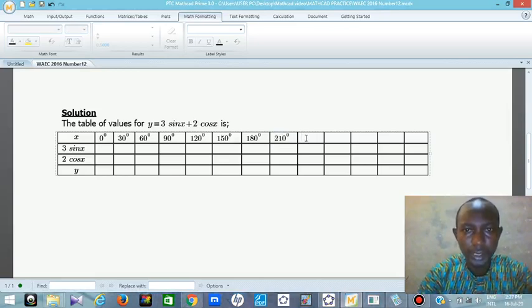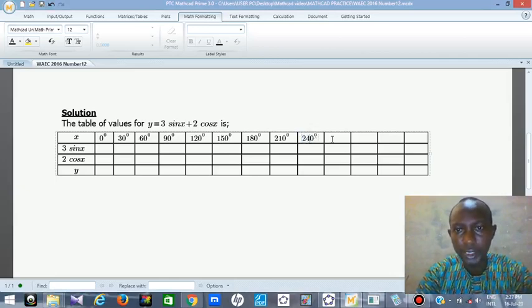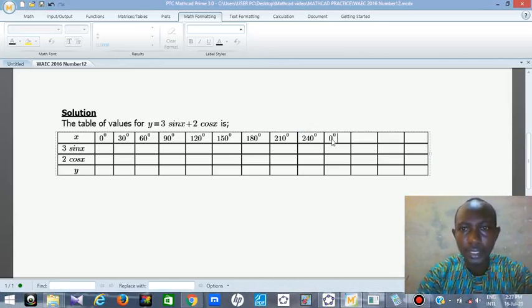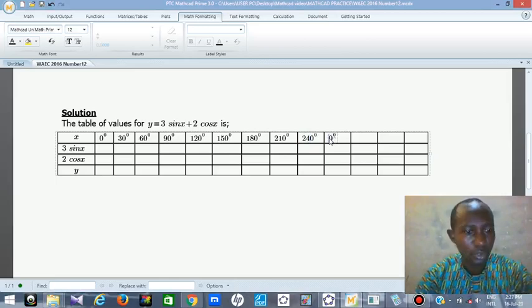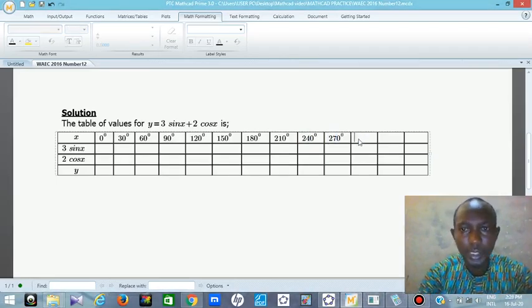You know the table is in steps of 30 from 0, 30, 60, 90, just like that, plus 30. That's what I'm doing. Then 240 will be the next, just like that. Then we have 270. Then we move to 300.